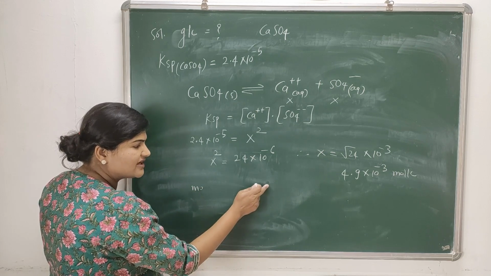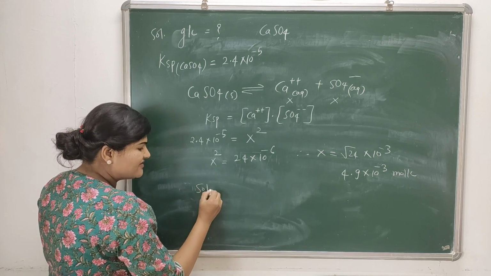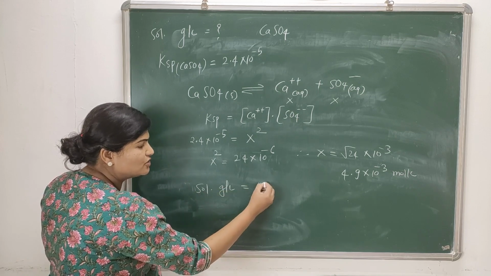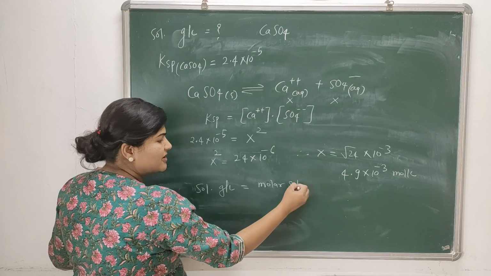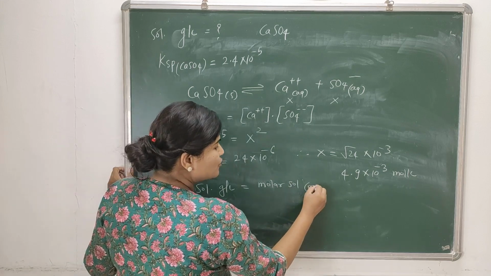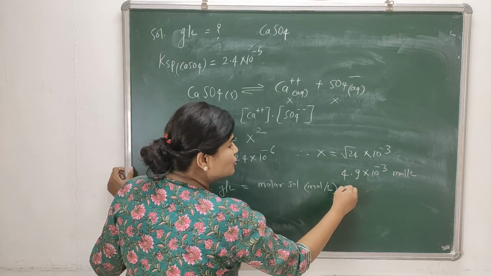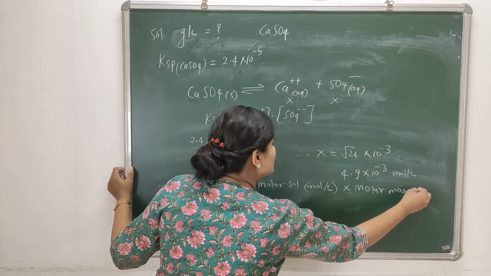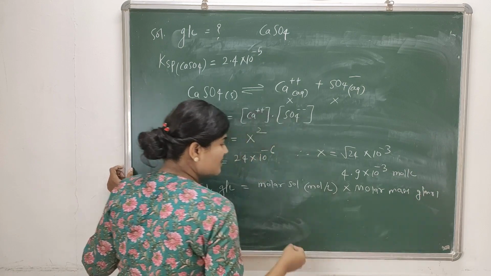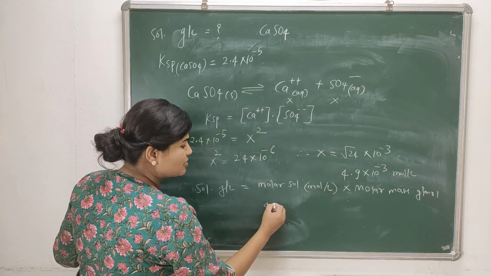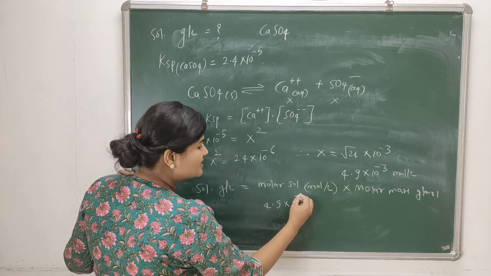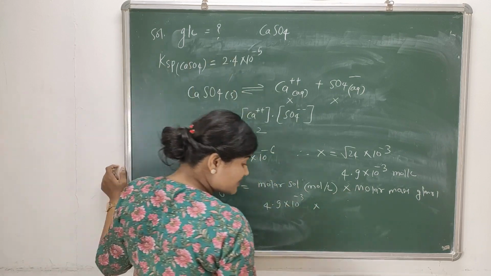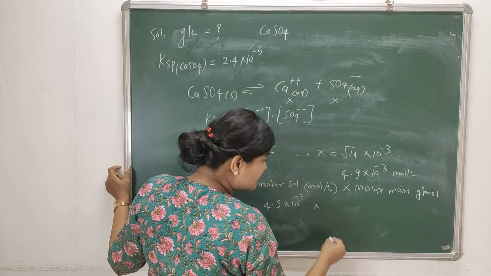I have to figure out the gram per liter solubility. So I will just modify that equation and write: solubility in gram per liter is equal to molar solubility in mole per liter into molar mass in gram per mole. So I have molar solubility 4.9 into 10 raised to minus 3 and molar mass for calcium sulfate, which must be given, it is 136.1.